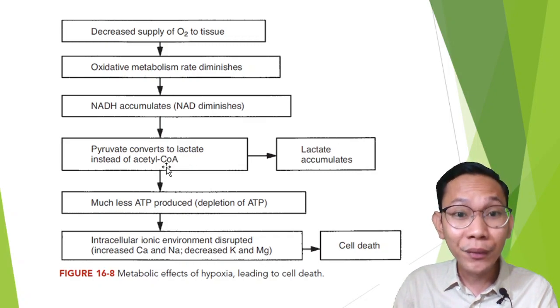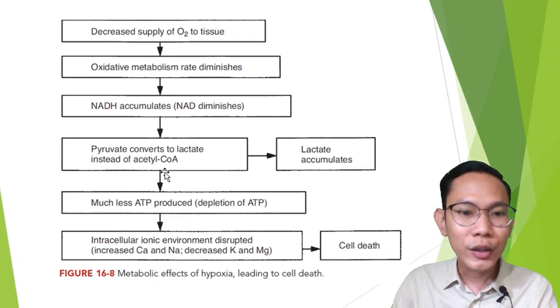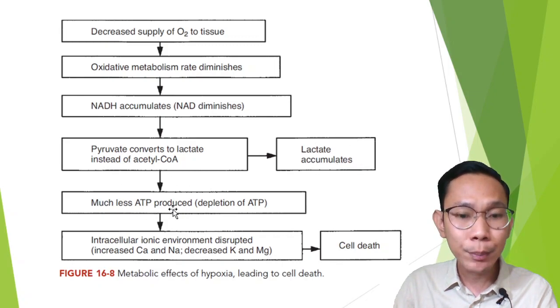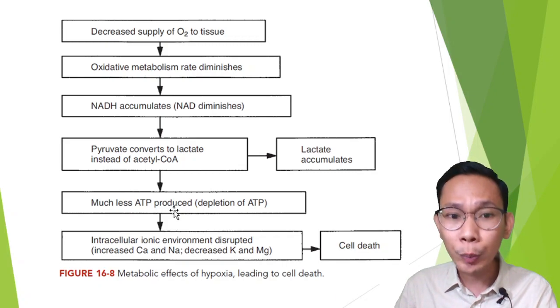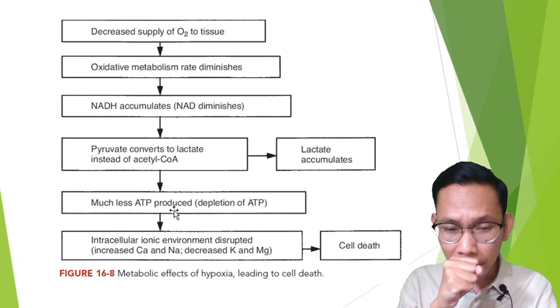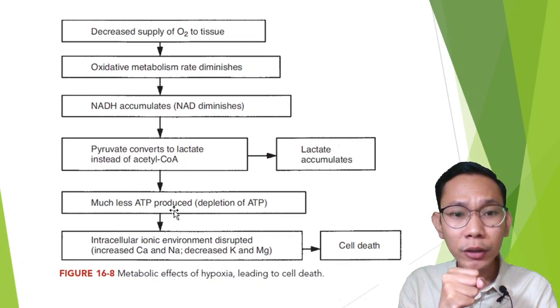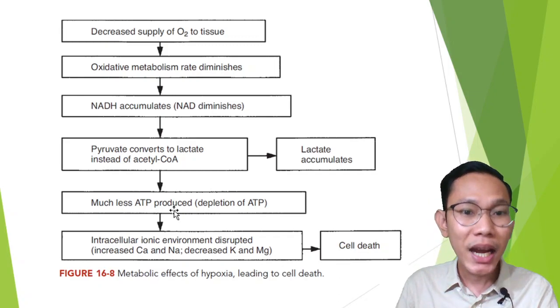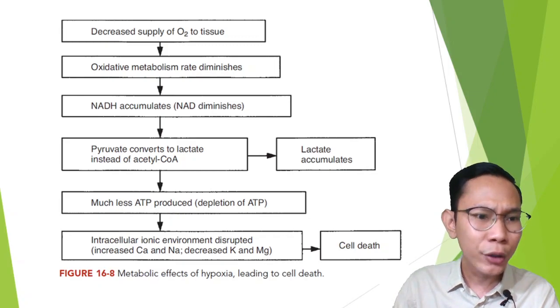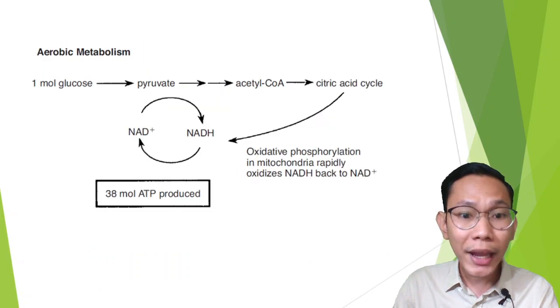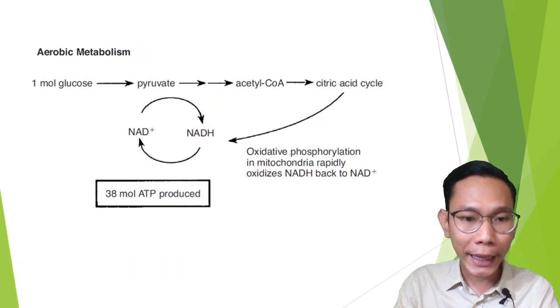In short, fini-favor niya ang formation ng pyruvate into lactate. Pag ganyan ang nangyayari, nagkakaroon tayo ng lactic acidosis. So in short, much less ATP is produced because remember, ilang energy lang ang napuproduce sa ating anaerobic metabolism. It's only 2 ATP. Unlike in oxidative phosphorylation, you are able to produce, ilang ngayon? 28 moles or 38 moles of your ATP.